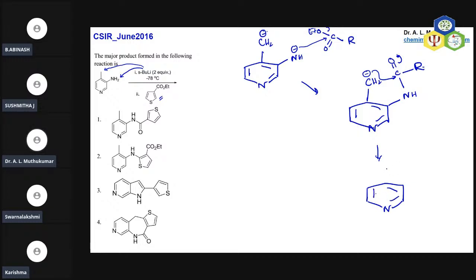There is cyclization, ring formation taking place. Here you have O minus, which after protonation becomes OH. Here you have the nitrogen atom, connected over here, and the R group. Now the removal of water will lead to the formation of a pyrrole kind of ring.